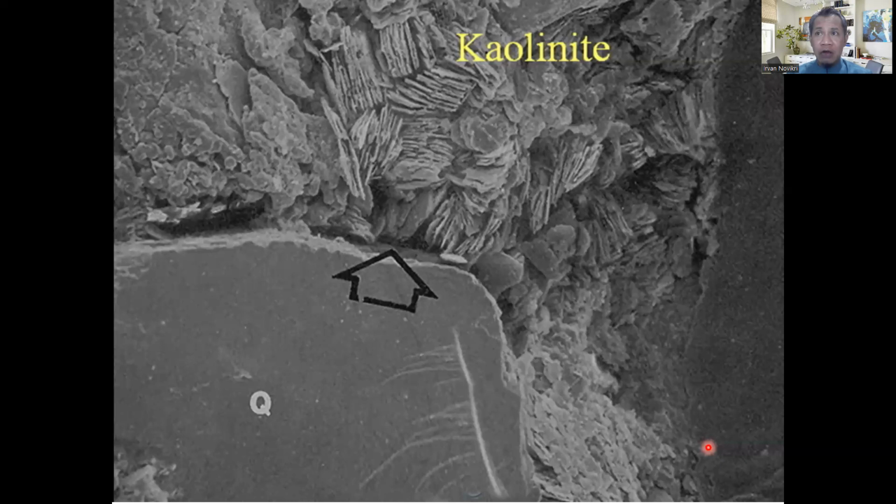The image shown is a scanning electron microscope, SEM, photomicrograph, revealing the platelets of kaolinite that are loosely attached to the framework grain within the pore system. This occurrence of kaolinite is quite common in reservoirs and can have implications for fluid sensitivity and pore quality.